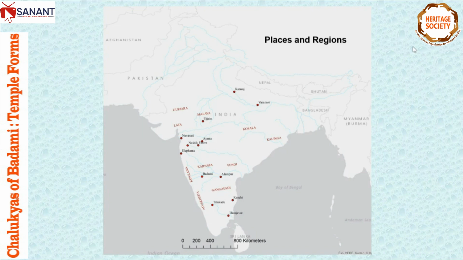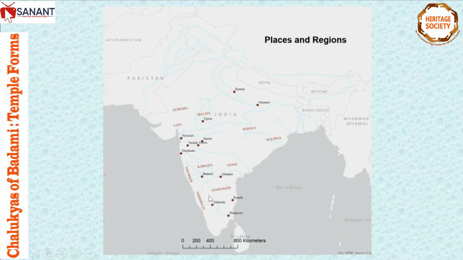Particularly in the peninsular part of India, you can see here with my cursor this region known as Karnataka, which spread from the Godavari region in the north to the Kaveri region in the south. In between lies the region which we normally call Deccan, which has been the Kannada-speaking area from about the 5th century onwards.